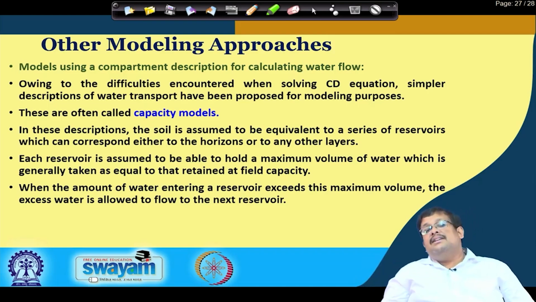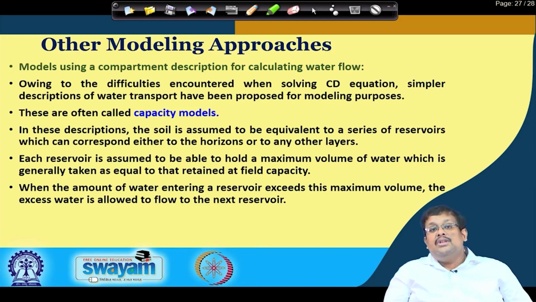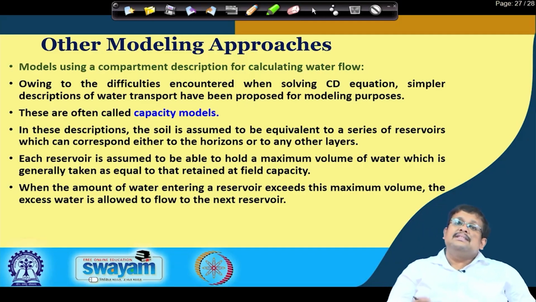Now, each reservoir is assumed to be able to hold a maximum volume of water, which is generally taken as equal to that retained at field capacity. When the amount of water entering the reservoir exceeds its maximum volume, the excess water is allowed to flow to the next reservoir. So, this is the basic principle of compartment models.